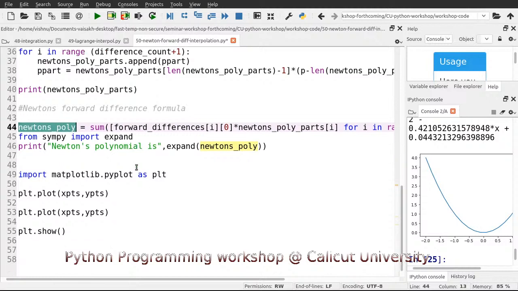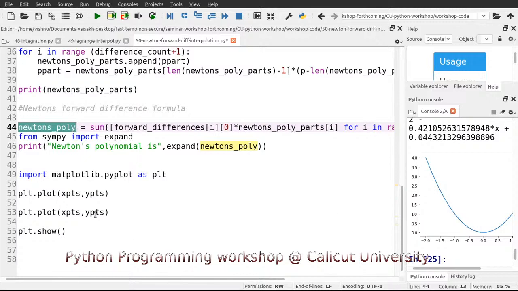Okay, now we need to find y points corresponding to this Newton's polynomial. So how do we find them?